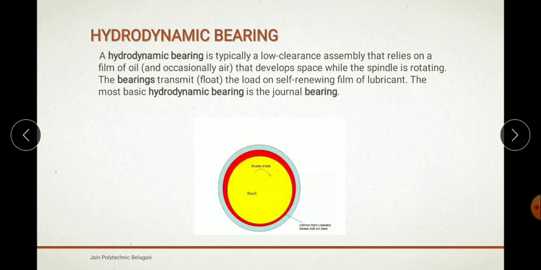When the shaft is rotated, the lubrication oil is moved around, which helps the shaft to rotate, and it also prevents friction between the boundaries. So this is the hydrodynamic bearing.